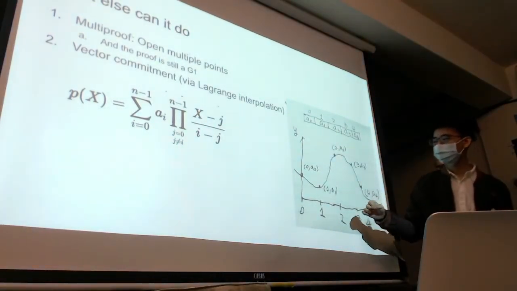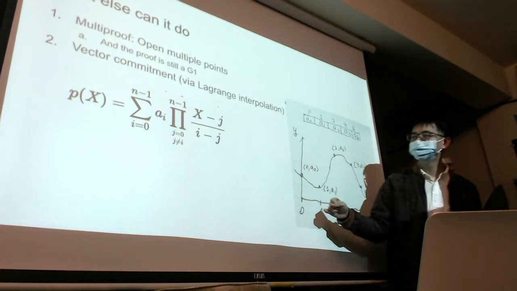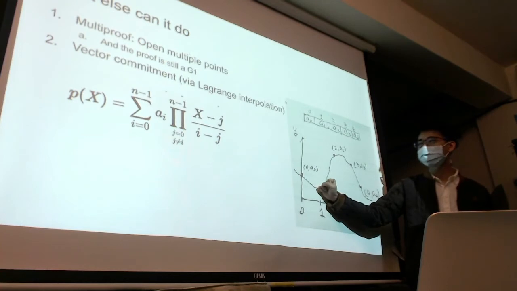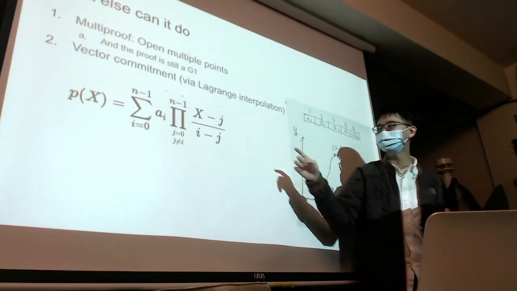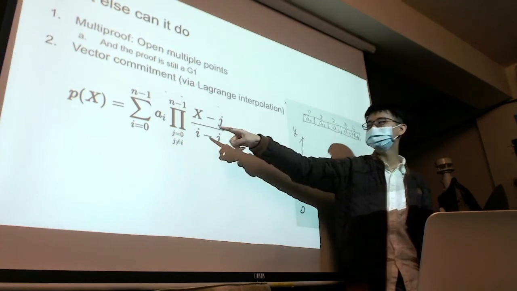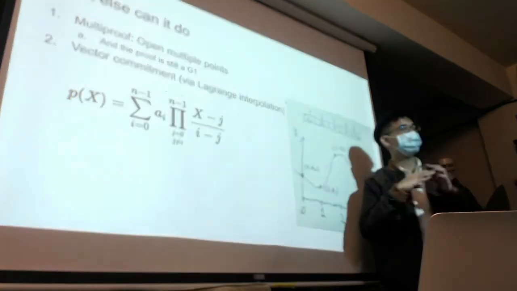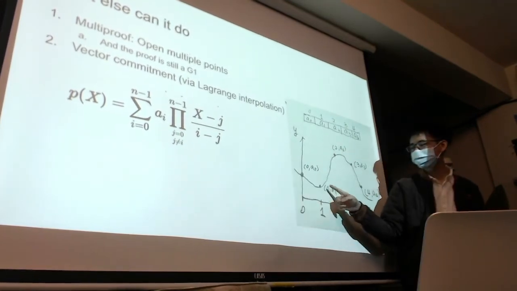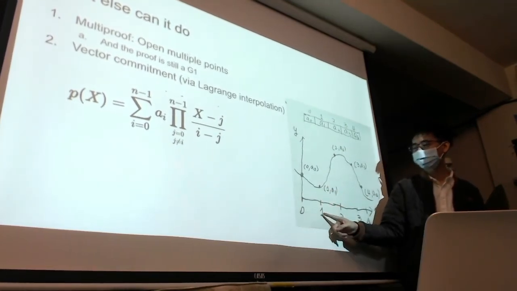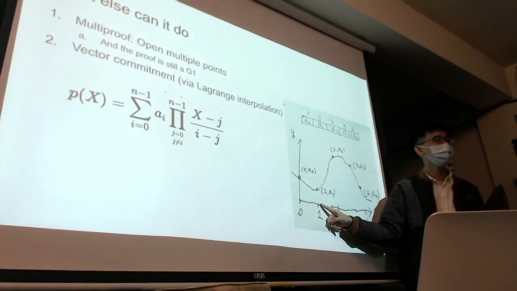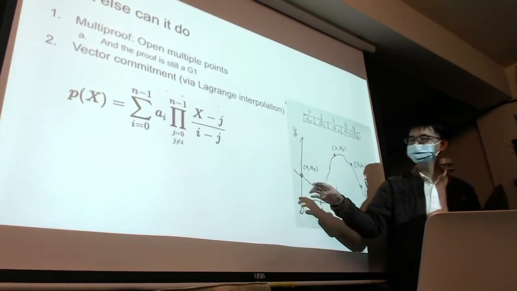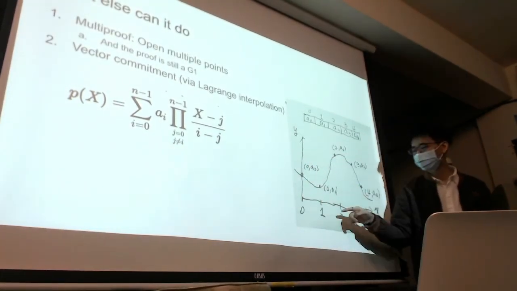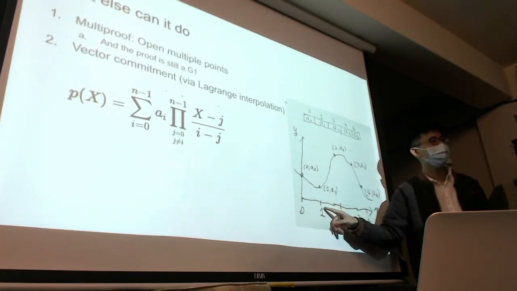So, for example, this A1 has a term that is the coefficient A1 times its Lagrange basis, which is independent of other bases, because its basis evaluates to 1 at x equal to 1, but the other bases would evaluate to 0 when you evaluate x at 1.